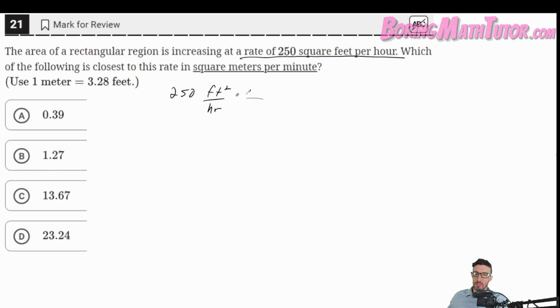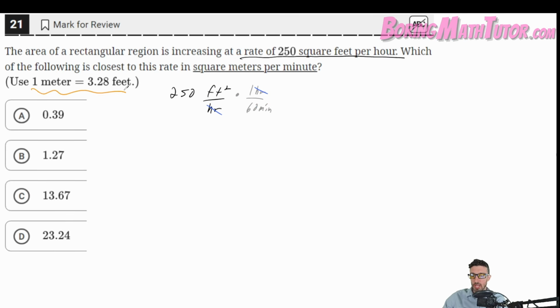The easiest one to understand first is that in 1 hour we have 60 minutes. We're going to multiply by that because it will cancel out the hour unit and leave us with the minute unit that we want. Okay, so that's good.